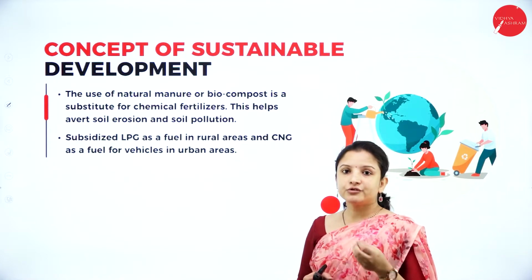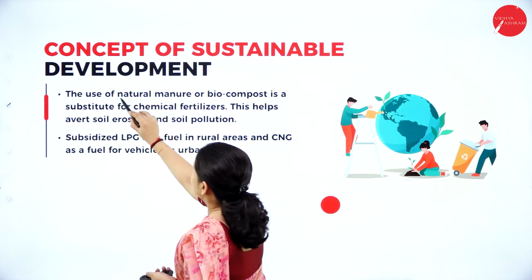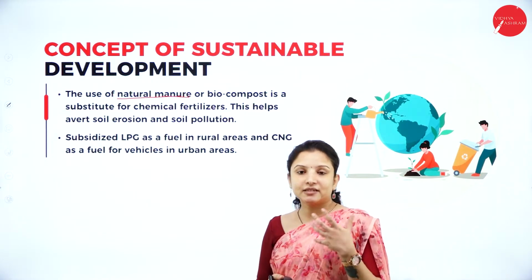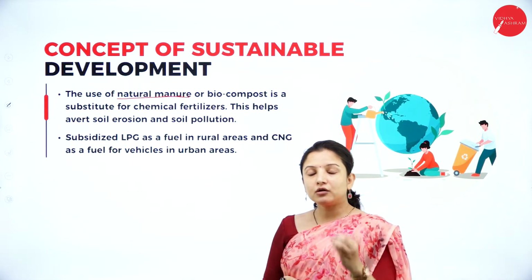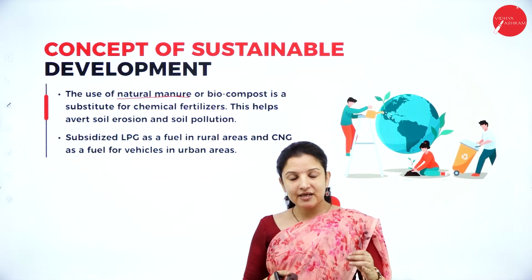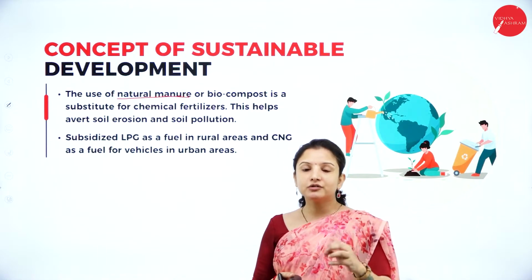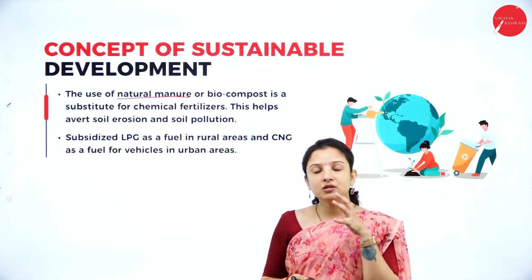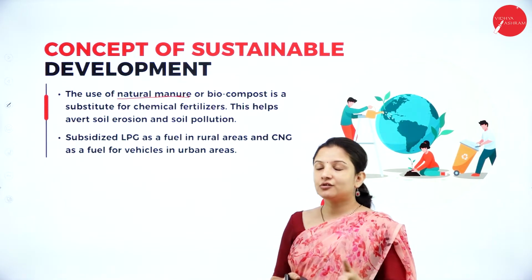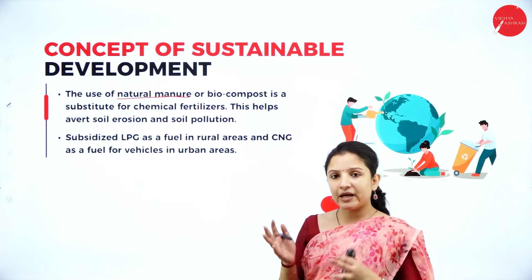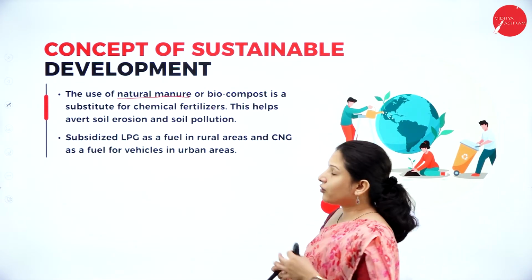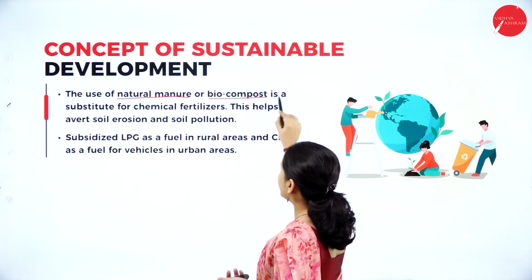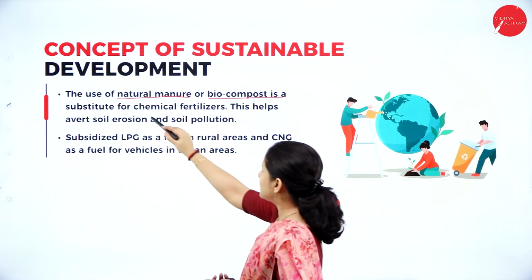Next concept was to use natural manure. Instead of using fertilizers, chemical insecticides and chemical pesticides, which cause a lot of problems to the health of human beings, and also to the fertility of the soil and to the organisms that are living in the soil, and imbalance the environment, we can go in for a more sustainable way, wherein we can use natural manure or biocompost instead of chemical fertilizers.